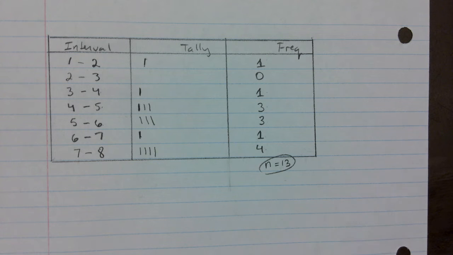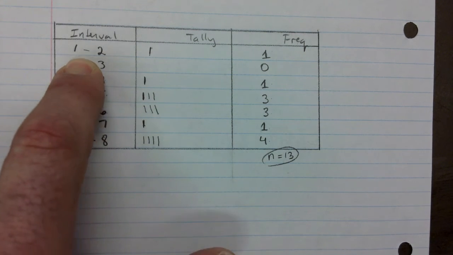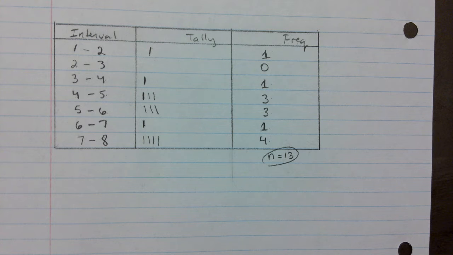Okay. So that's a frequency table right there. And probably the hardest part may be finding the interval width. Let's say you just think, well, 2 to 8, I think 1 will work. I'm just going to go up by 1 every time. Perfect. Not if you wanted to go up by half an hour, right?